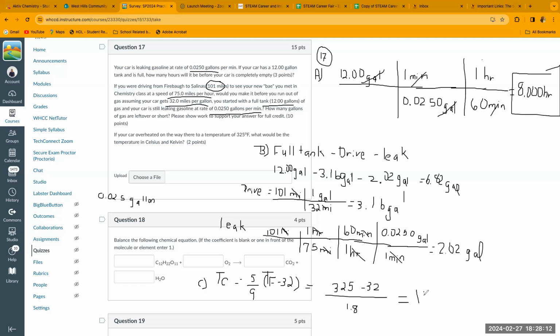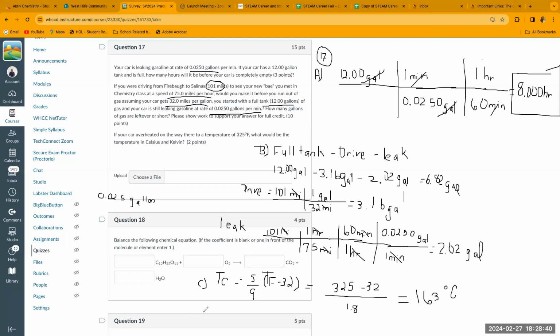So I end up with 163 degrees Celsius. Okay, so now if I want to convert to Kelvin, that's right.